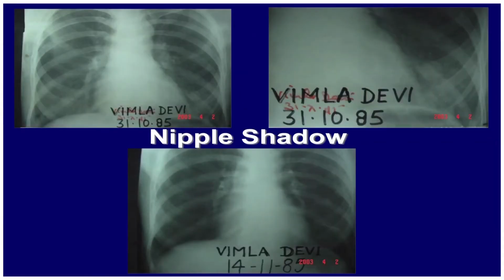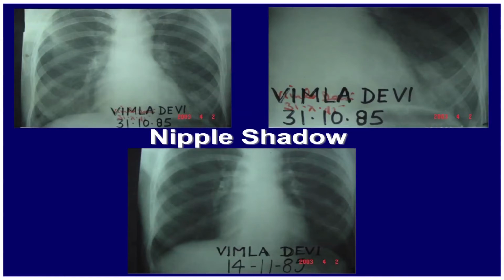This is another lady who was referred to me in 1985 with some small rounded opacity in the left lower zone, as a suspected case of a solitary pulmonary nodule, suspected as lung cancer. When I examined the patient, I found nothing in the examination.